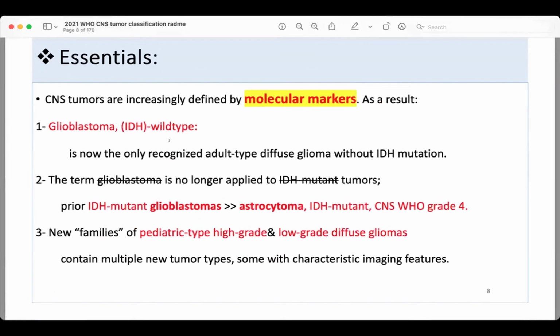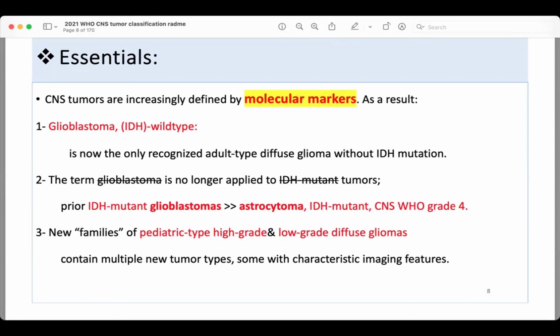As an example of the changes of the tumor types or classification systems according to the molecular markers and genetics, these are brief examples, and we will talk more about them later in the lecture. As for the glioblastoma, there were two types before according to the genetic mutation, the IDH gene: a wild type and a mutant type.